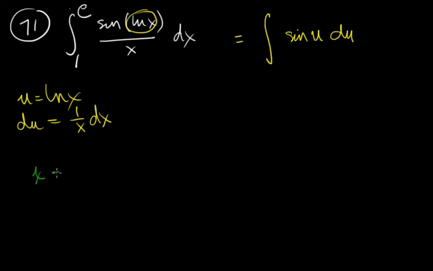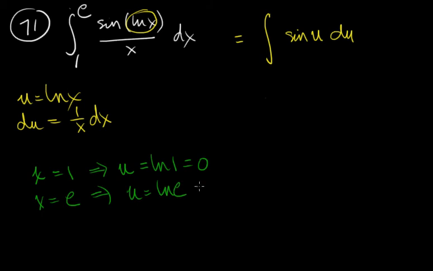So if x is equal to 1, then u is equal to the natural log of 1, which is 0. And if x is equal to e, then u is the natural log of e, which is 1. So our new limits of integration are from 0 to 1.